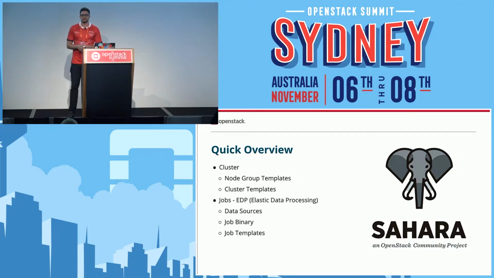The node group templates are built using a specific processing engine's components. So for example, if you're going to create a Hadoop cluster, you need to have data nodes, you need to have name nodes, and so on. These node group templates are the organization of these services into one machine. And the cluster template is the organization of node group templates that's going to create the cluster.